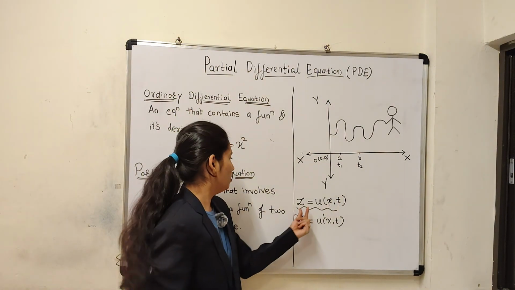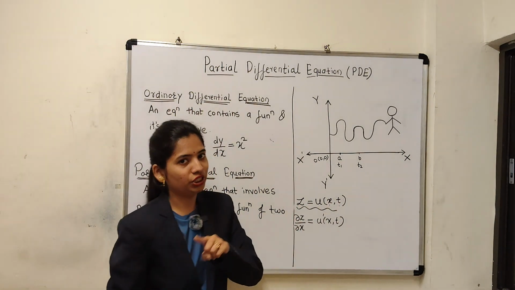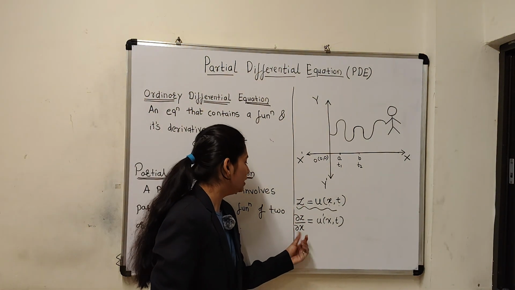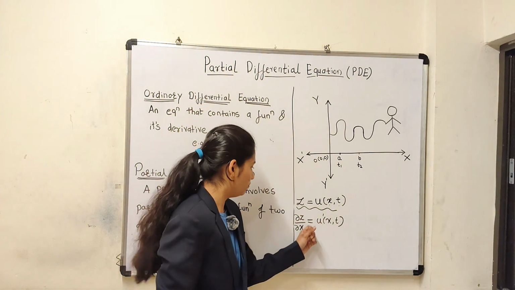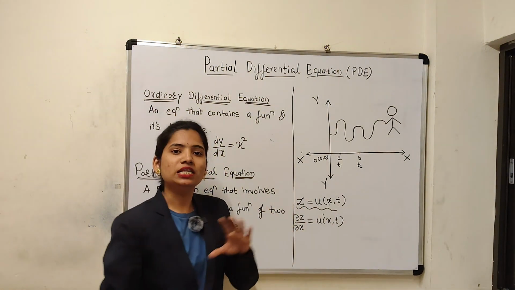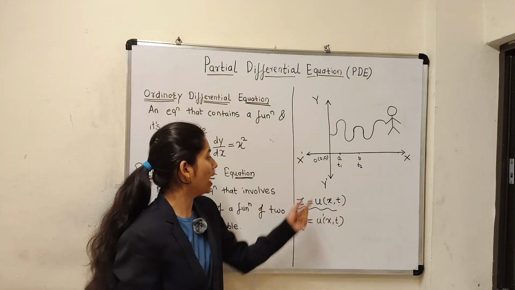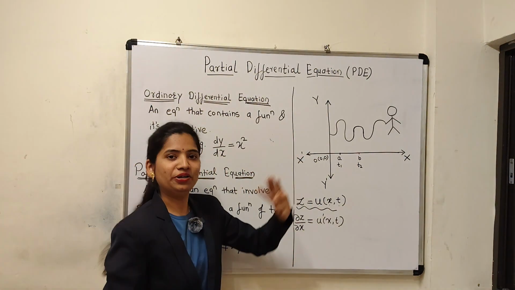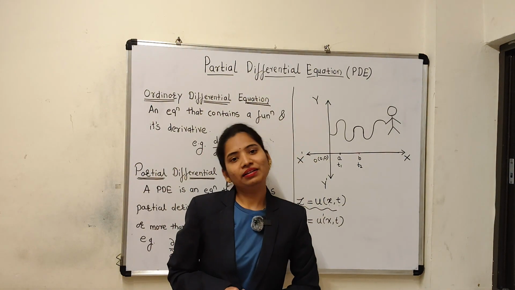So therefore we use a partial differential equation. Here we take the PDE with respect to x, which is equal to u dash of x and t. This is called a partial differential equation, and we use this type in our day-to-day life. Okay, thank you.